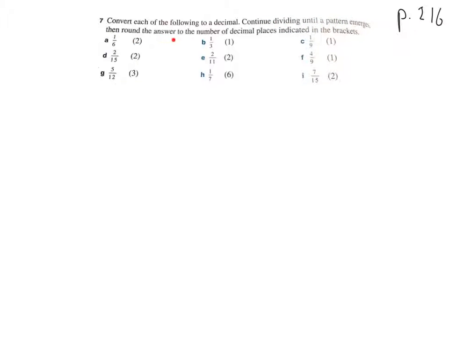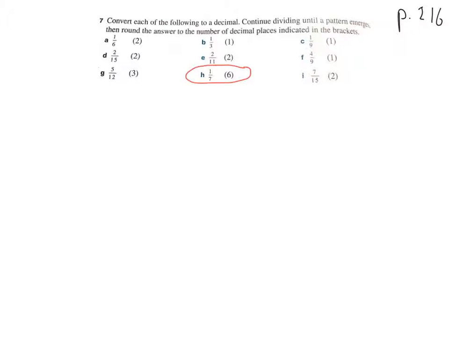Then round the answer to the number of decimal places indicated in the brackets. Okay, so I want for us to do question 7H, because I think that one's the most challenging of them. If you're able to do this question, I believe you can do any of these others here.